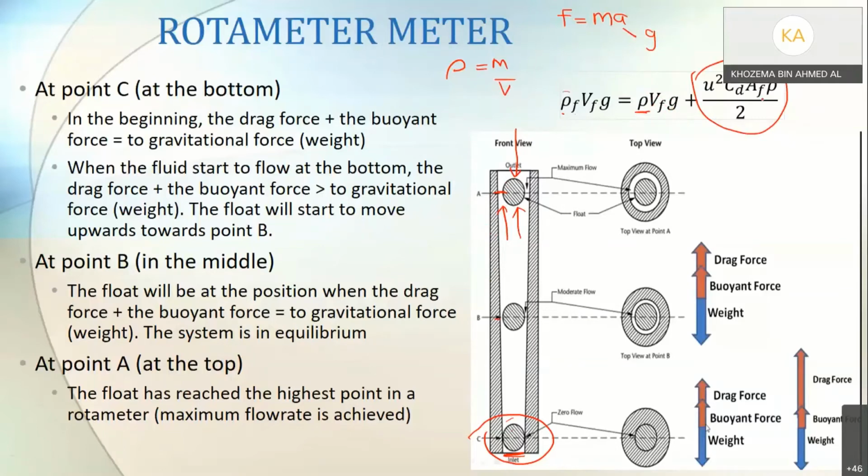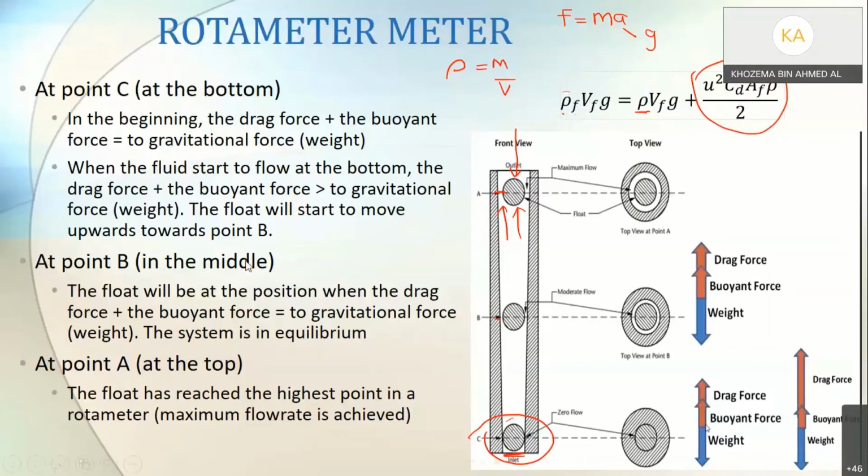The drag force is a bit complicated. It depends on the velocity of the fluid that is causing it, CD is the drag coefficient, AF is the area, and rho is the density of the fluid, divided by 2.